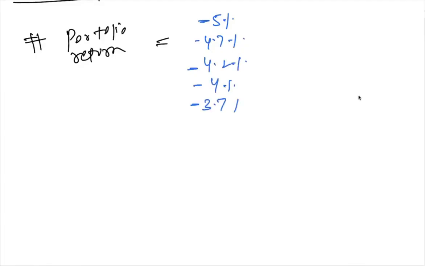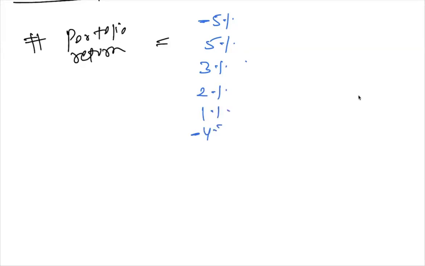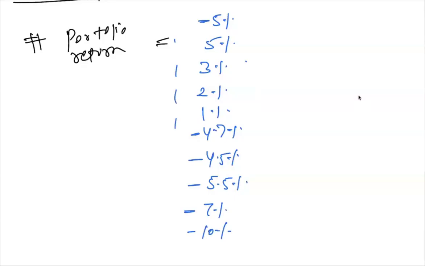Let's say my portfolio returns are something like this: negative 5%, negative 4.7%, negative 4.2%, negative 4%, negative 3.7%, 5%, 3%, 2%, 1%, negative 4.7%, negative 4.5%, negative 5.5%, negative 7%, negative 10%, and so on. So these are my returns of the portfolio.